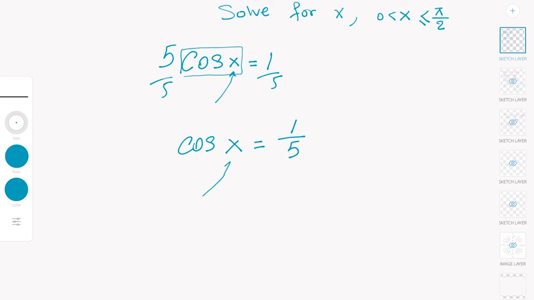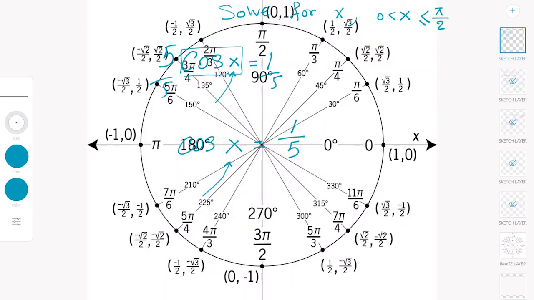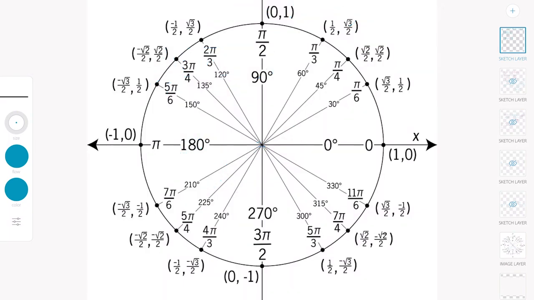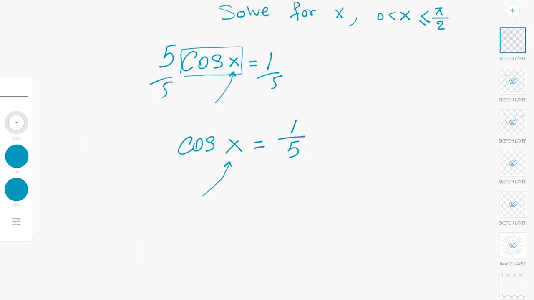Now we need to look for what angle that cosine of that is 1/5. If you look at the unit circle, we can see that there is no value for cosine to be 1/5. So what should we do here? Usually for a question like this, at the beginning they ask us to round it to 2 or 3 decimal places.